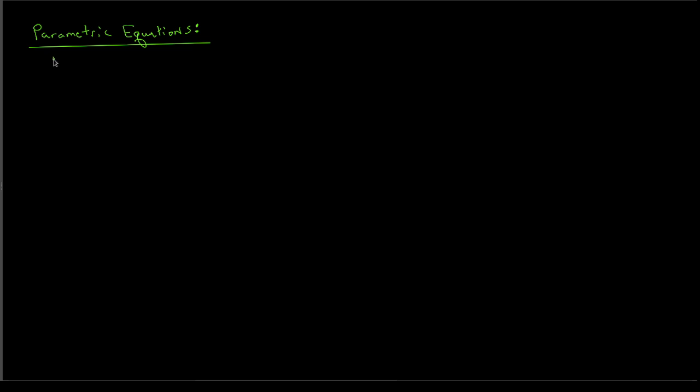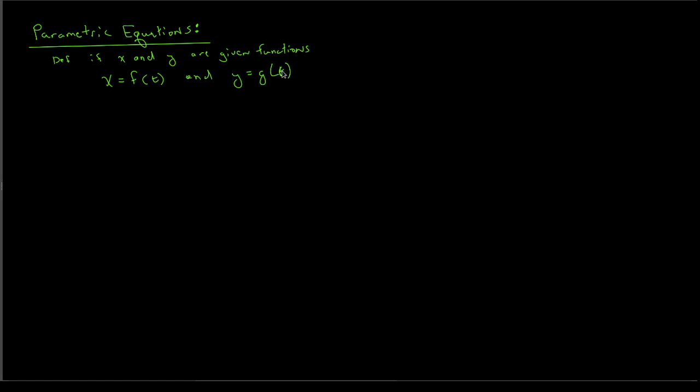So, our definition will be if x and y are given as functions. When your book gives your functions, I'll say x is some function of t, and y is some other function of t.